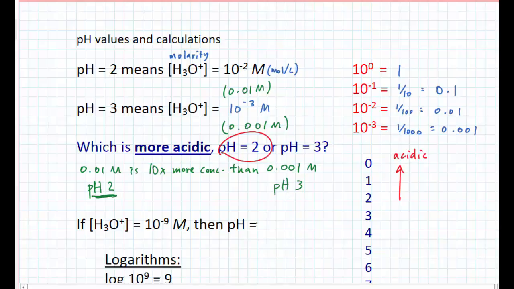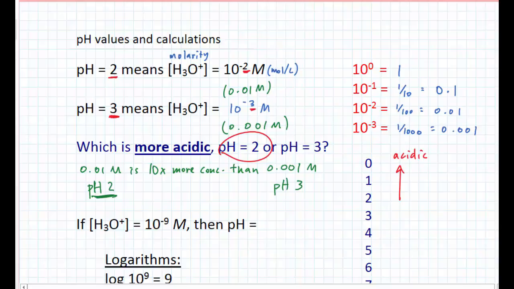So, because we're going to be dealing with very small concentrations that change by huge amounts, the pH scale is a way of just sort of turning those powers of 10 into convenient positive numbers. So it's no coincidence that we have these same numbers in here. In fact, that's sort of the definition of pH. pH of 2 is 10 to the negative 2. pH of 3 is 10 to the negative 3.